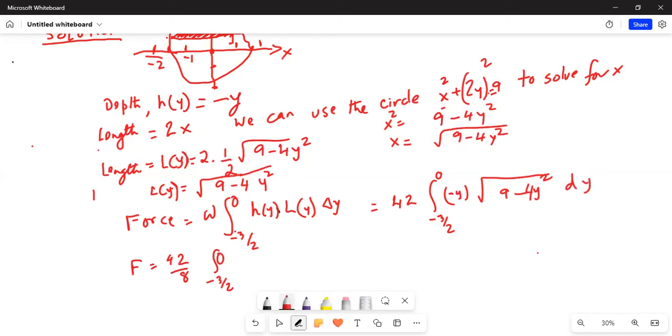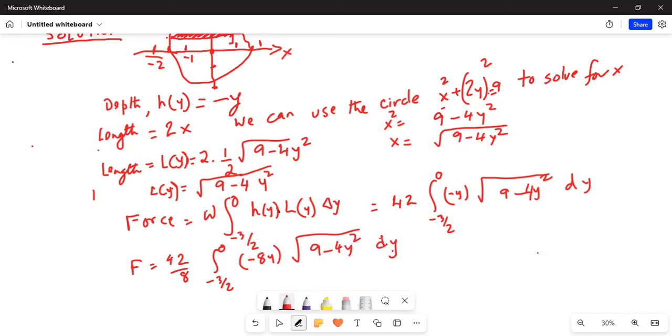So let me write this correctly. Minus 8y times square root of 9 minus 4y square dy.